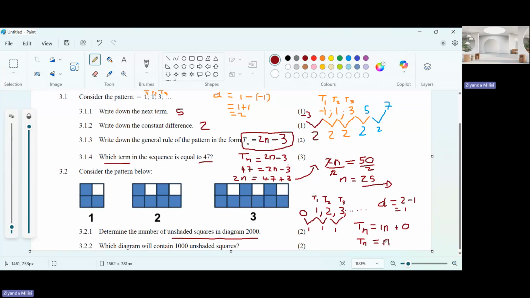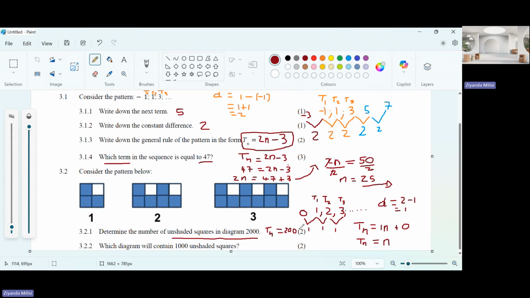So Tn is equal to n. What is our n already here? It's 2000. Hence it's just 2 marks. So the answer here is Tn is equal to n, which is 2000.